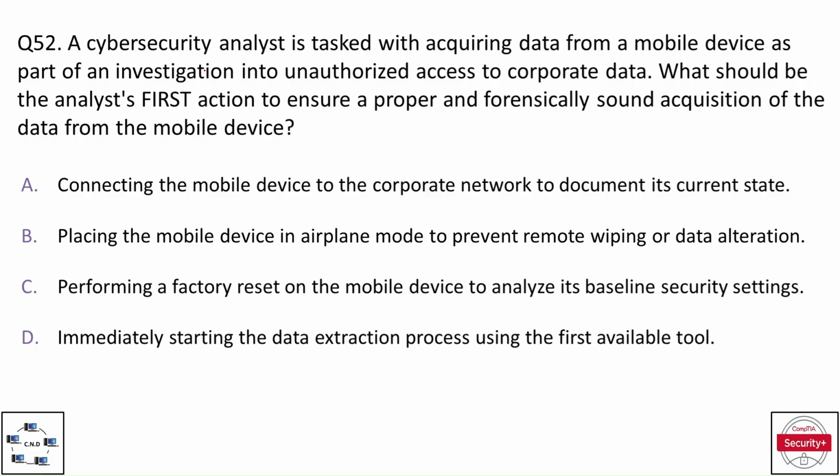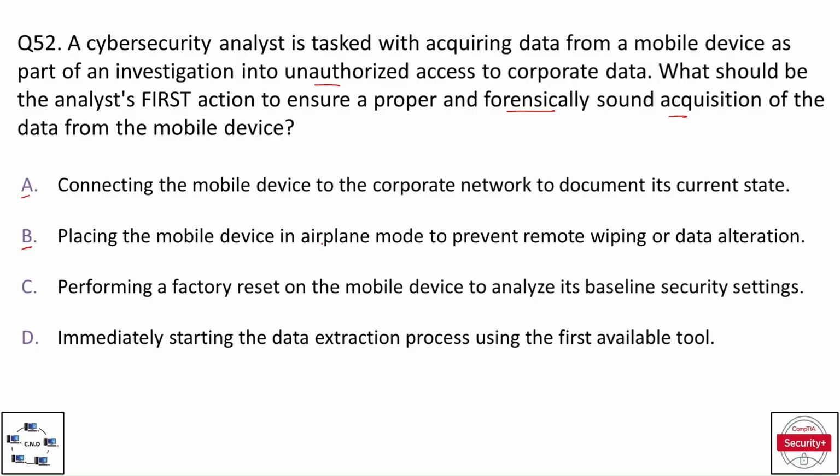Question number 52. A cybersecurity analyst is tasked with acquiring data from a mobile device as part of an investigation into unauthorized access to corporate data. What should be the analyst's first action to ensure a proper and forensically sound acquisition of the data from the mobile device? And the options are: option A, connecting the mobile device to the corporate network to document its current state.